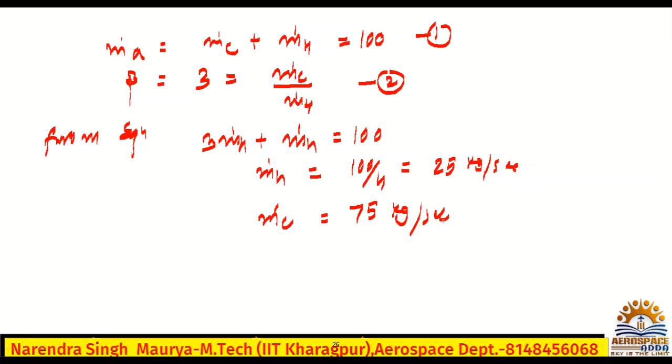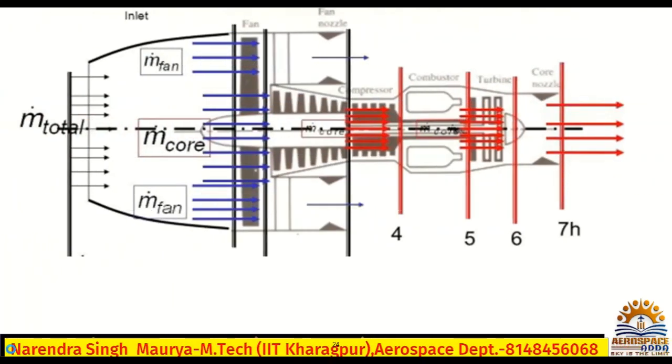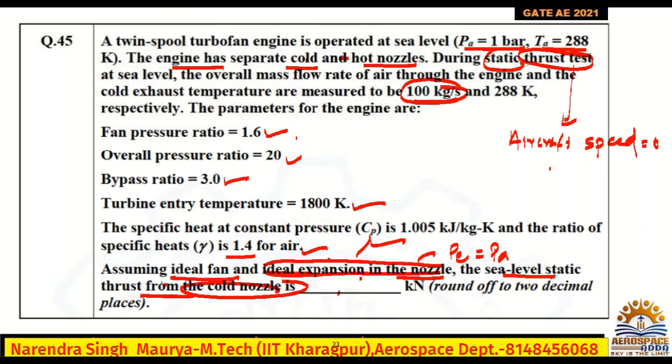All right, now what value do we need to calculate? We need to calculate V exit, then we'll get the cold thrust. V exit of the cold nozzle we need to calculate. Has anything for the exit of the cold nozzle been given? Check. They have given the cold exhaust temperature of the engine, along with the mass flow rate, so this is TE.